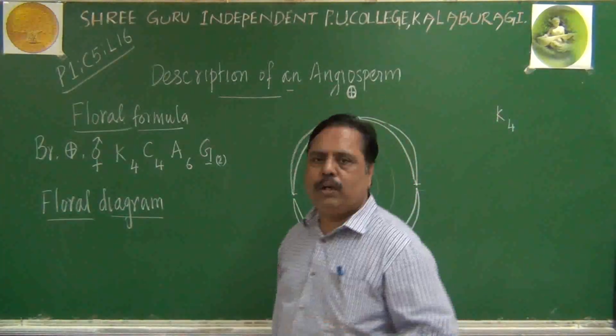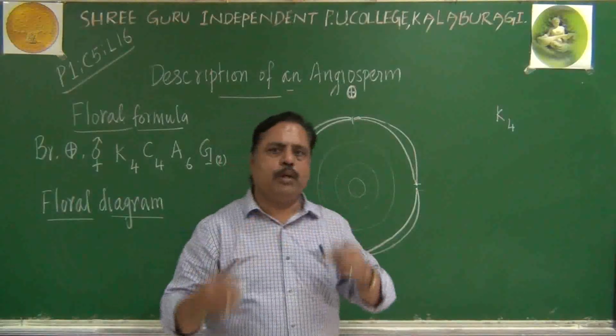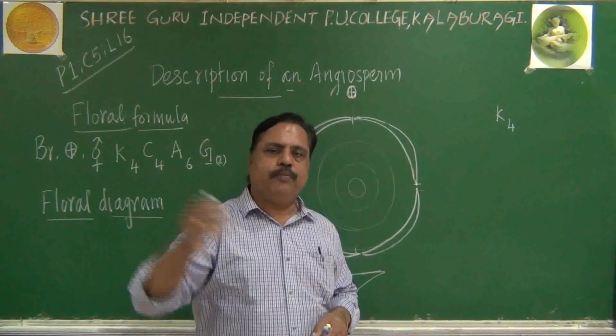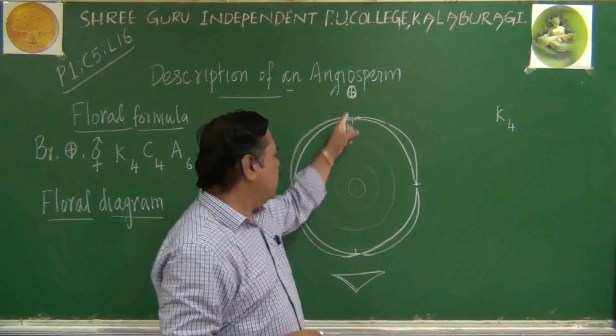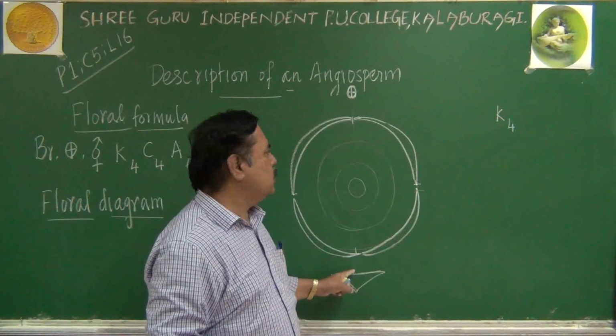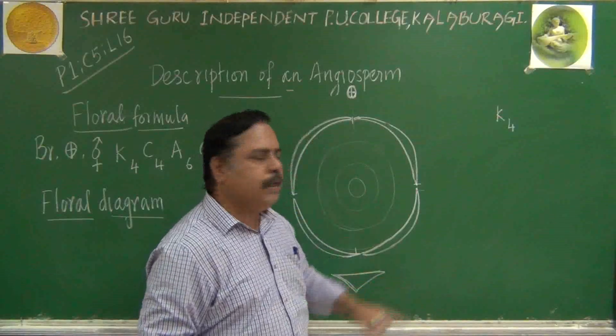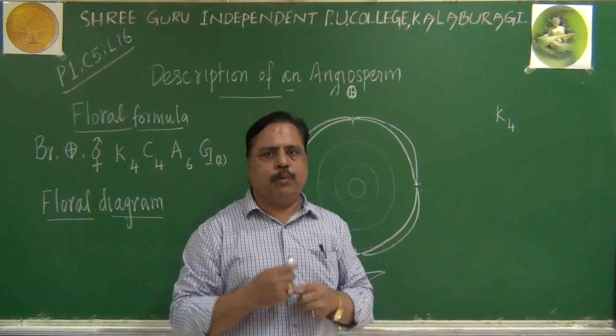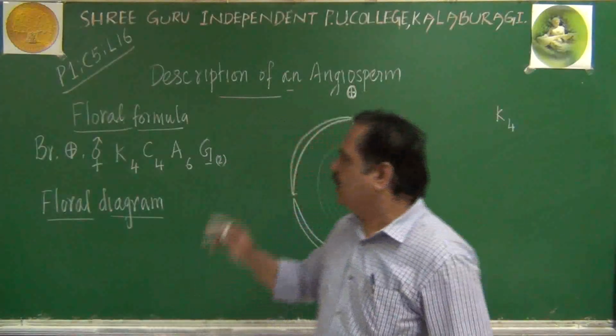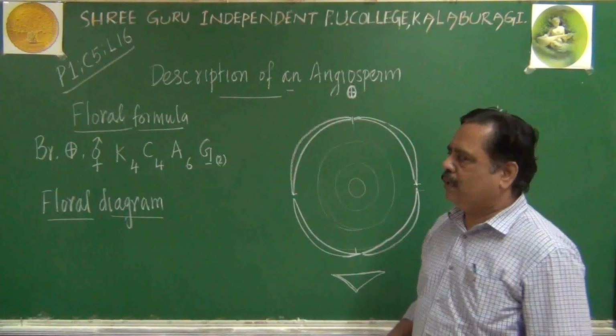Zygomorphic means bilateral symmetry. Here you can get equal parts only in one plane. Okay students, that is the actinomorphic symbol.